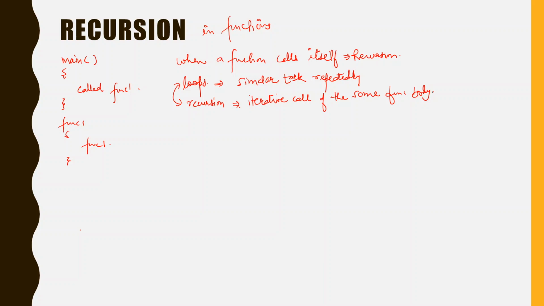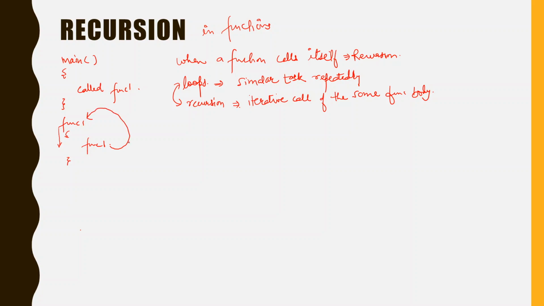Now, similar to loops, there is an important thing to remember in recursion. Since recursion is also iterative, it means when a function keeps on executing, it initiates a call to itself.